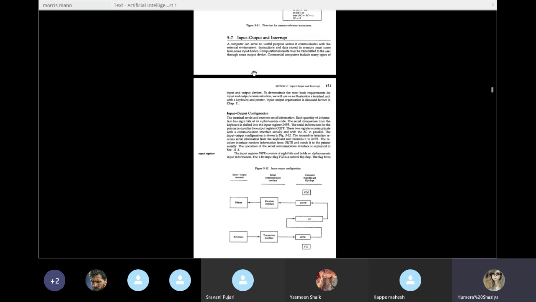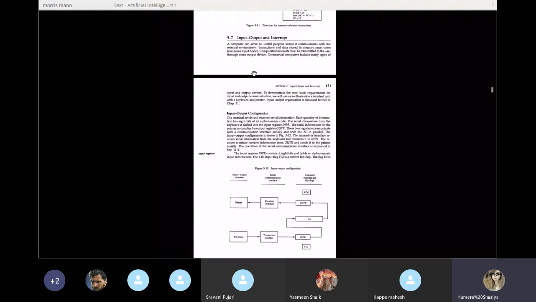And register reference instructions are CMA, CME, CIL, and so on. Coming to input output instructions, we have 6 instructions.